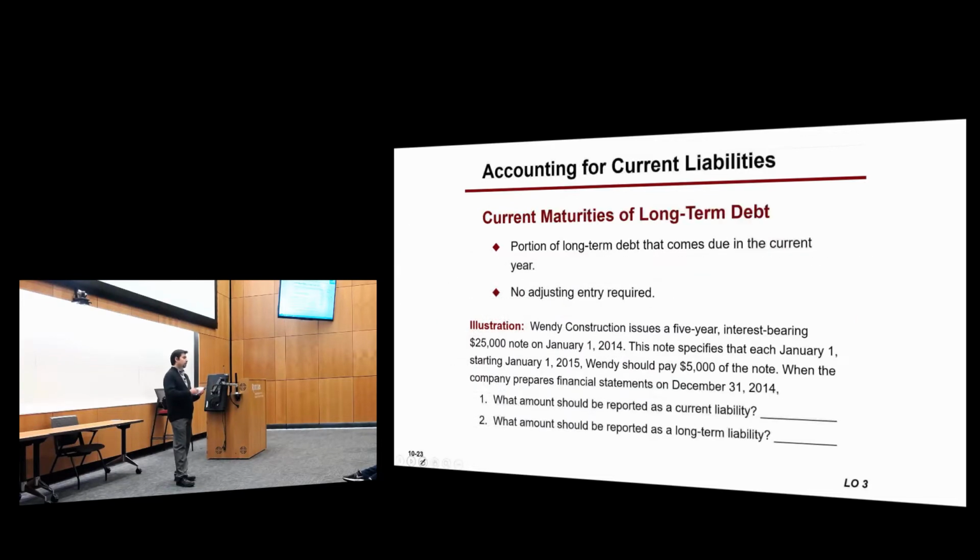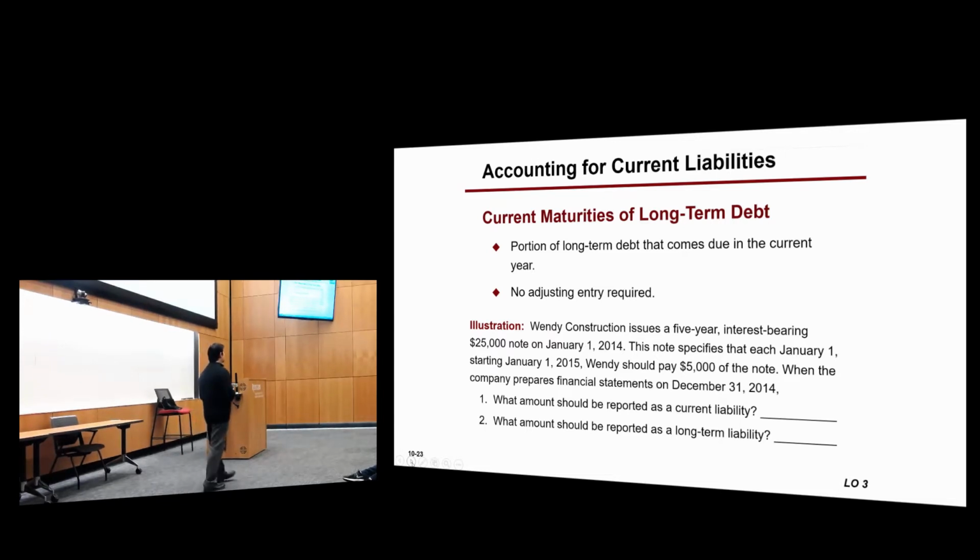Okay. We get to current maturities of long-term debts. Those are debts that the company used to owe for more than 1 year. However, they are getting closer to their maturity, and their maturity date is within 1 year. As a result, they become current liabilities.